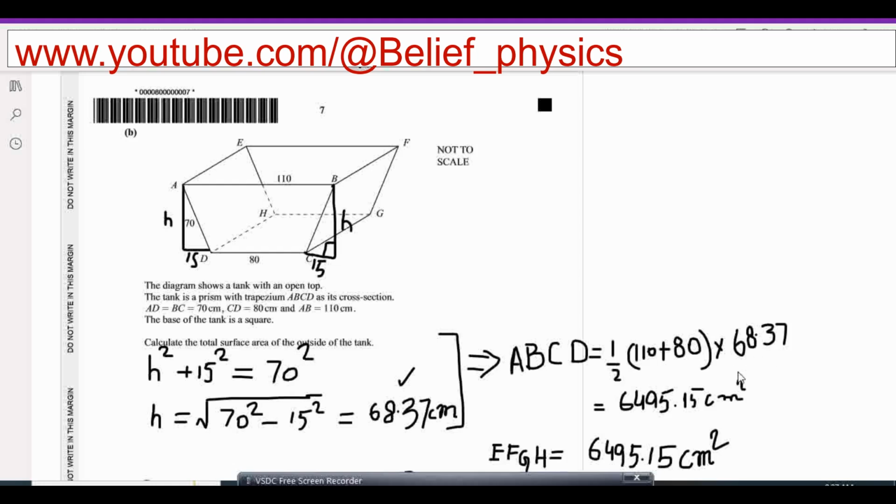So the area of trapezium ABCD comes out to be 6495.15 centimeter square. Similarly, the area of the other trapezium will also be the same because it is the same trapezium with the same measurements, so it is also equal to 6495.15 centimeter square.